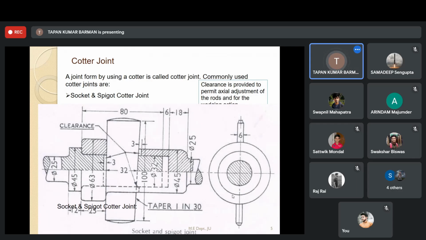This is a basic concept of engineering drawing. So how to identify the number of components or materials in the joint? There are three components.